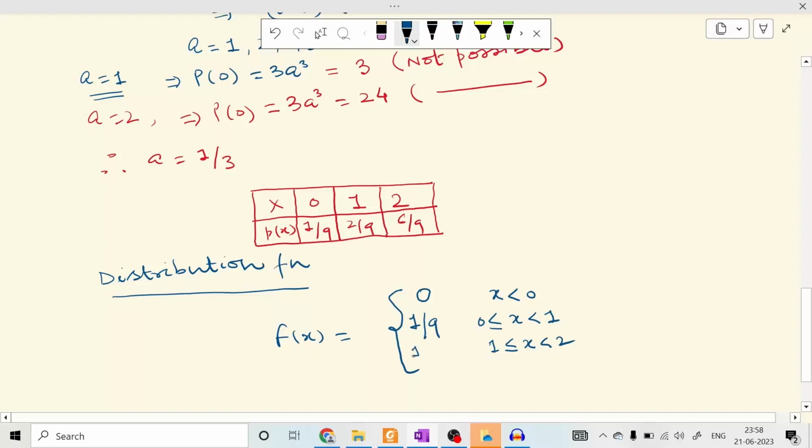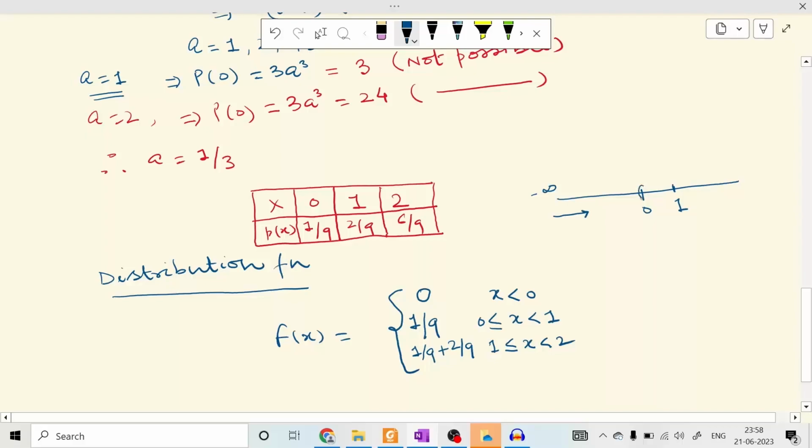So the value of this distribution function is 1 by 9 plus 2 by 9, because when you move on the real line, if you move up to this 1, then you have already, because you started moving from minus infinity, covered this 0 in order to reach this 1.